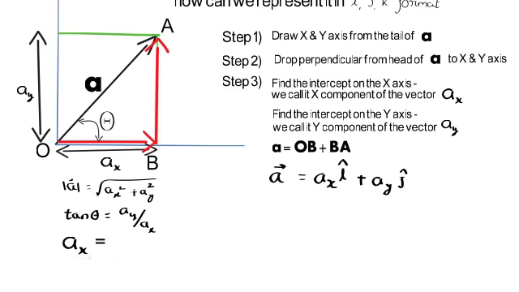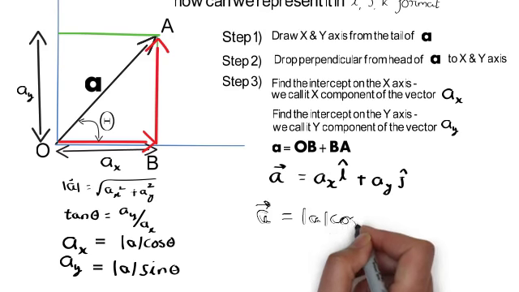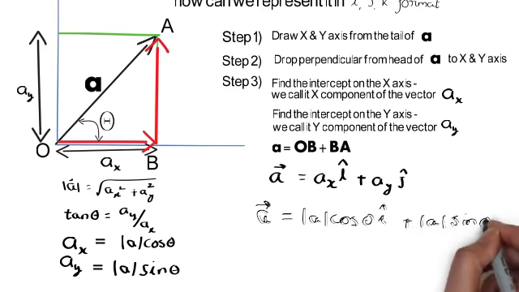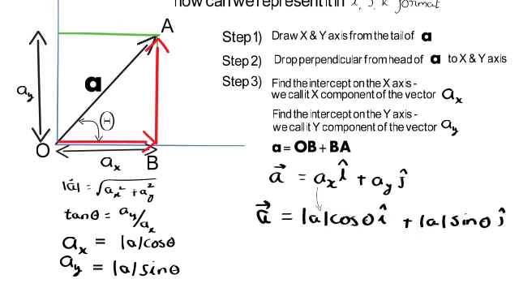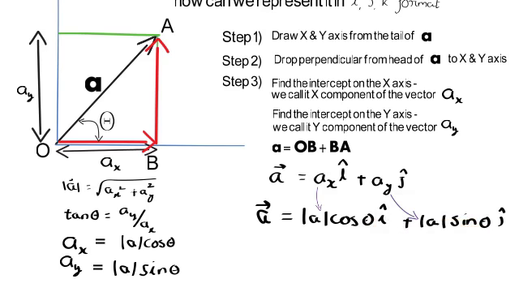and from simple trigonometry we can say AX will be equal to modulus of A into cos theta, and AY will be equal to modulus of A into sin theta, where AX and AY are called the x and y components of the vector. Therefore we can say vector A is equal to modulus of A cos theta i cap plus modulus of A sin theta j cap, because AX is equal to modulus of A cos theta and AY is equal to modulus of A sin theta.